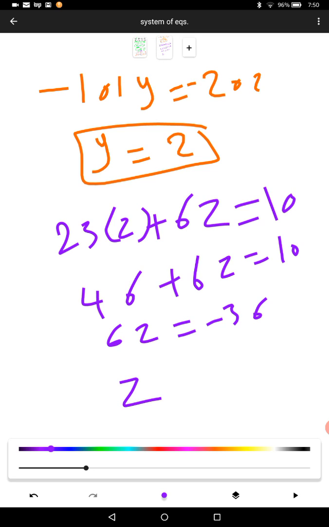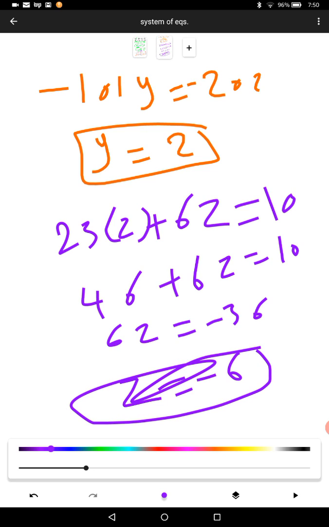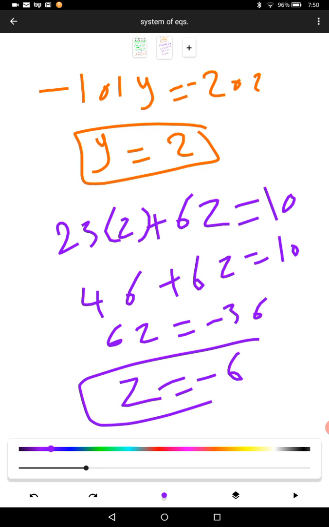So z equals what when you divide by 6? Negative 6. Now you can plug into the first equation to find x.